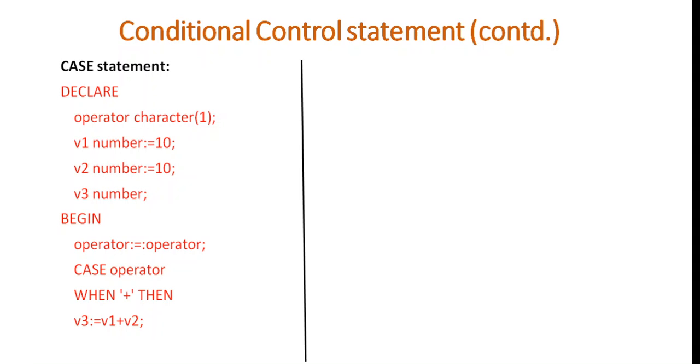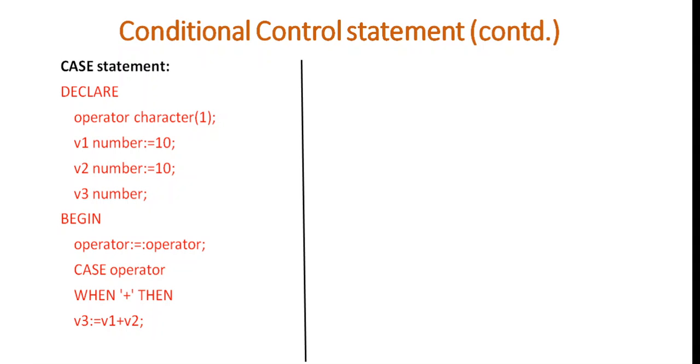Now the syntax for case statement is, first we write keyword case and then we write the variable name, or the selector, it is called a selector, by using which we can compare the condition. So here we have read the value of operator from the user, that is the operation the user wants to perform, and now we are checking that operator with each of the cases.